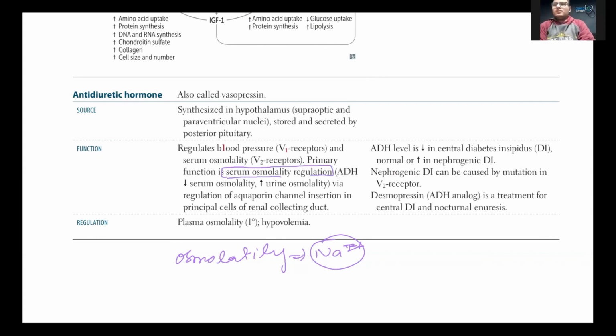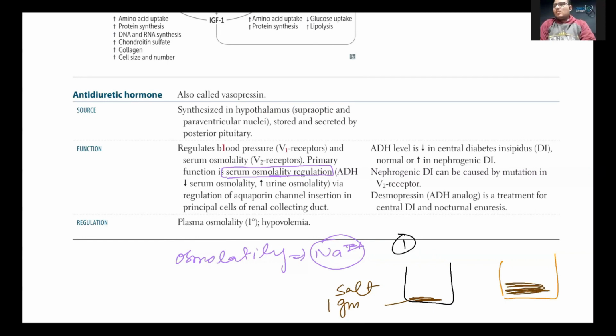First of all, you must understand the osmolality concept. Here is glass number 1 and here is glass number 2. I put 1 gram of salt in the first, and 2 grams of salt in the second. Salt means sodium chloride.